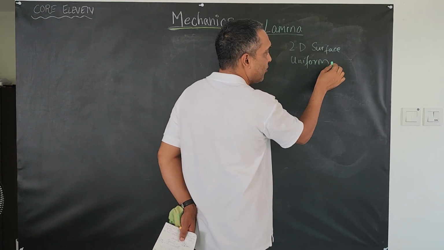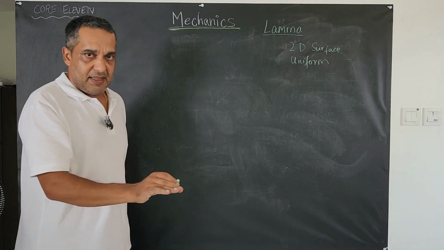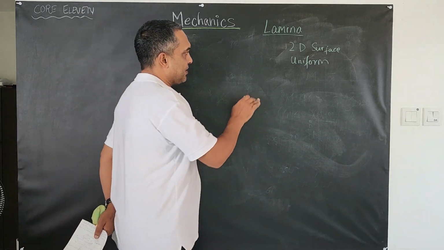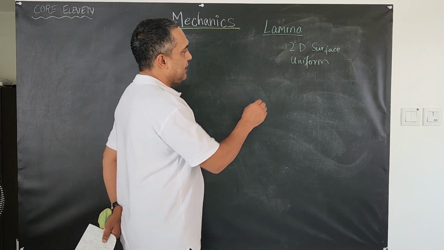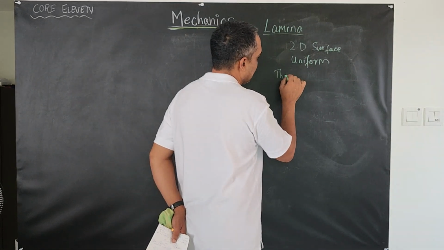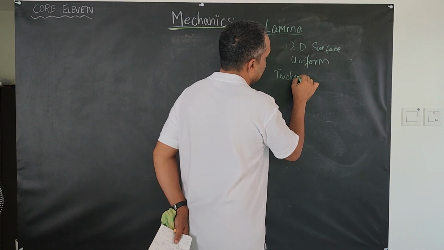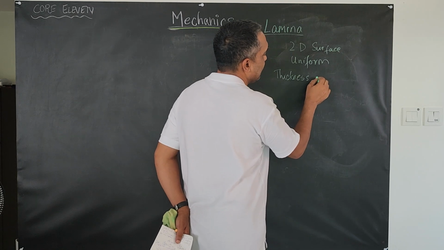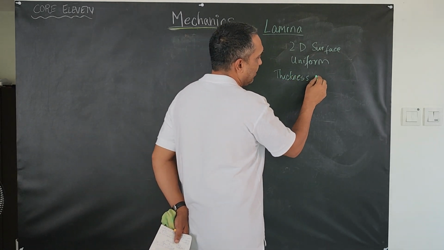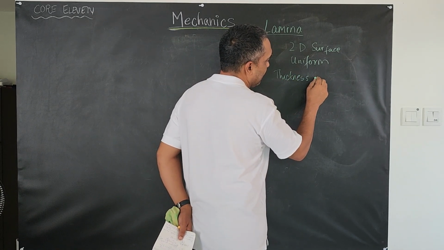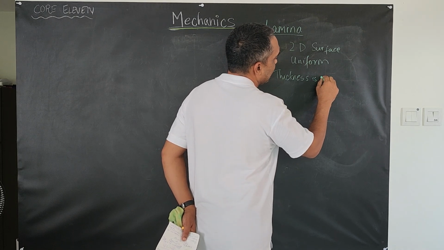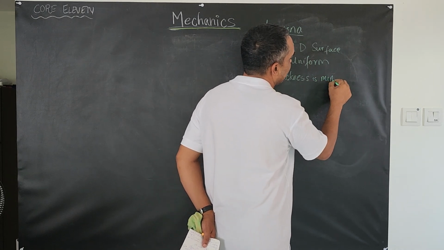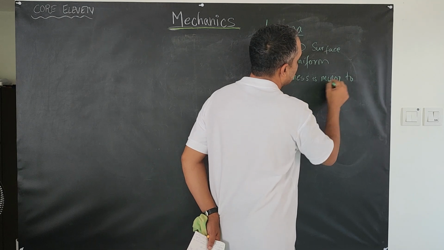They do have a section also on non-uniform lamina, but here it is uniform, and the thickness is very small, minor, if you will, compared to the area.